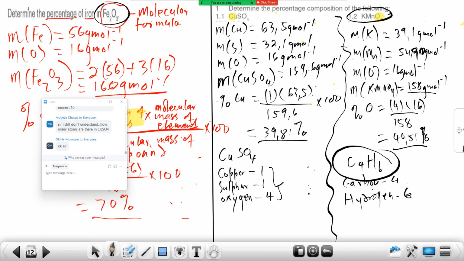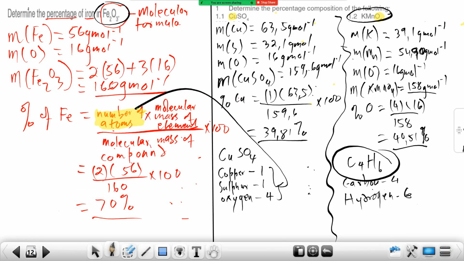So these are the numbers that we are going to substitute as the number of atoms. So you basically look at the arrangement and the number of atoms that makes elements.